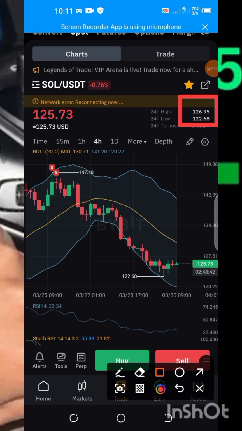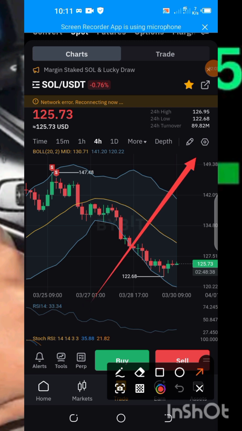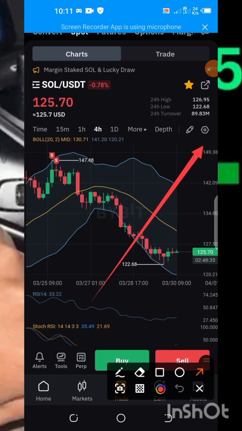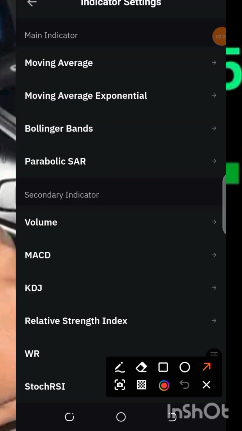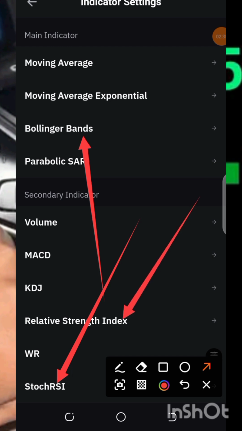So let's go. Over here, if you want to set the indicator, you click over here. Once you have clicked, you can see there is Bollinger Band here. Another thing you need is stochastic RSI, the relative strength index.